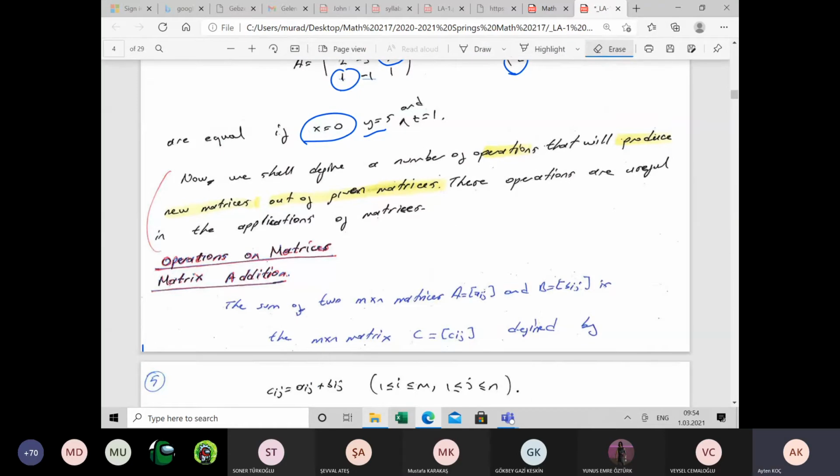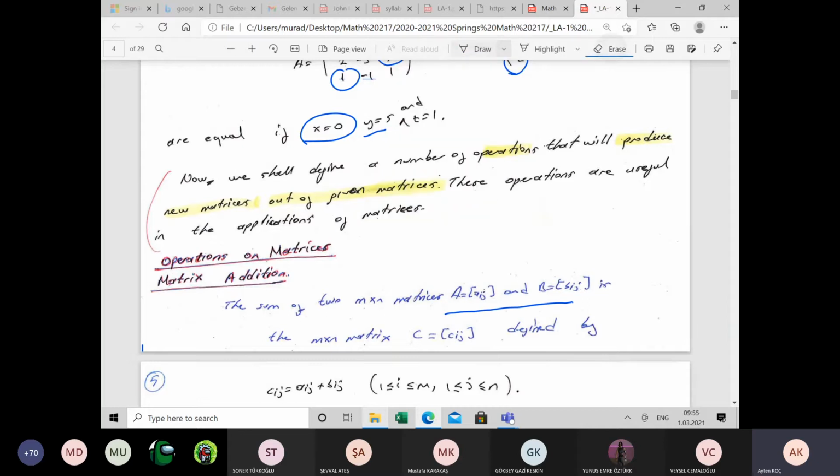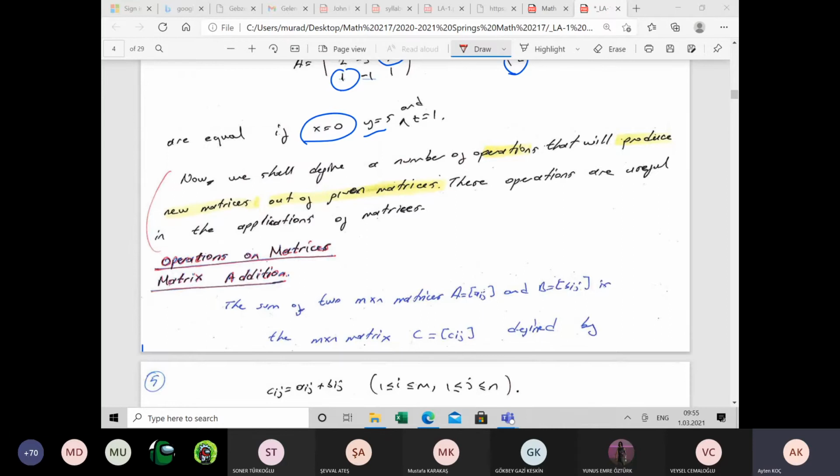What is matrix addition? Take two matrices, A and B, but be careful, they should have the same dimension. A and B are two n by n matrices. This one should be n by n, this one should be n by n.